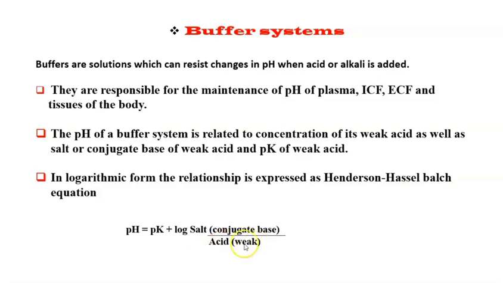So if you see salt over acid, it is correct. If you see conjugate base over weak acid, it is correct. In this equation, I want you to take notice of pK, pH, salt, and acid, because you will keep making reference to this equation.